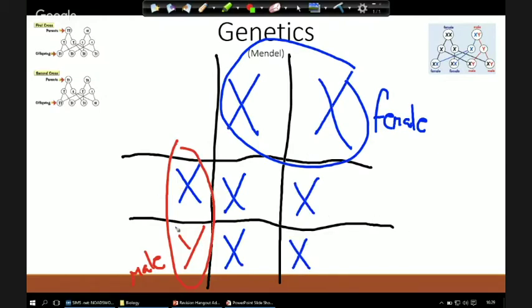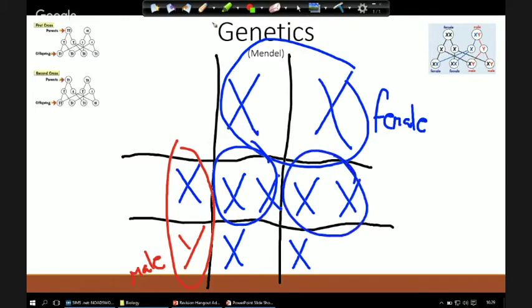Here's the X sperm from the male, XX, and X goes across. I've got 2 females. But I now need to run along with my Y, XY, XY. I've got 2 males. So I have a 50-50 ratio, a 1 in 2 chance of it being a girl and a 1 in 2 chance of it being a boy.